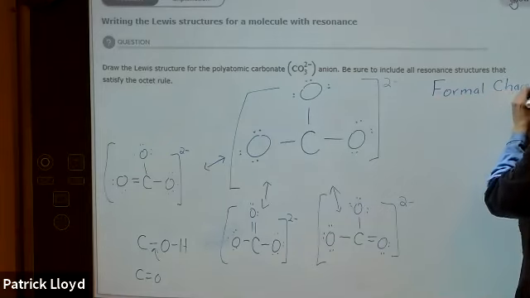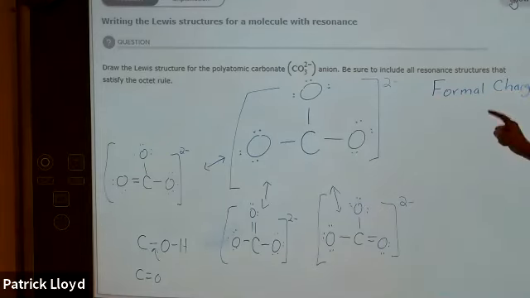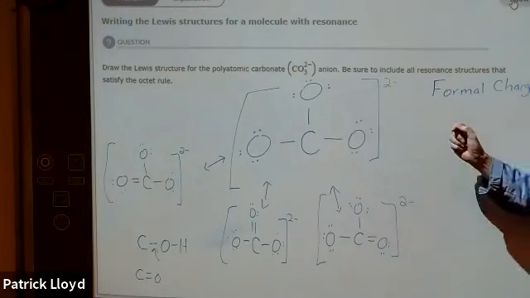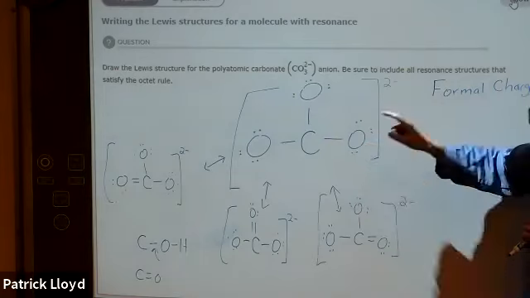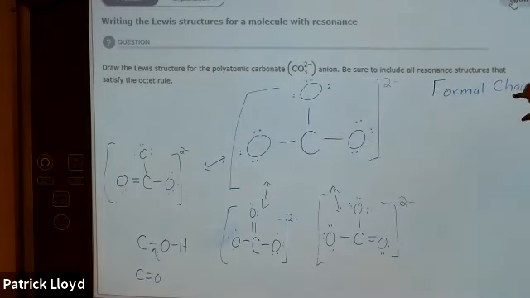So remember, formal charge is a calculation you do for every atom in the Lewis structure, unless it's a test problem where they say just do it for this one. It's a separate test from the octet. So we have the octet, that's good.